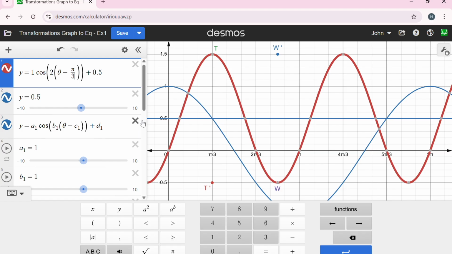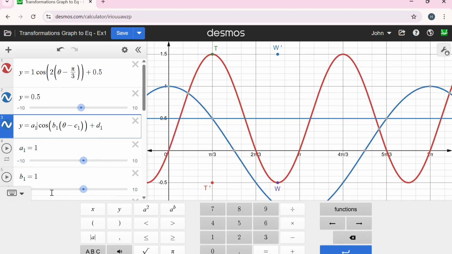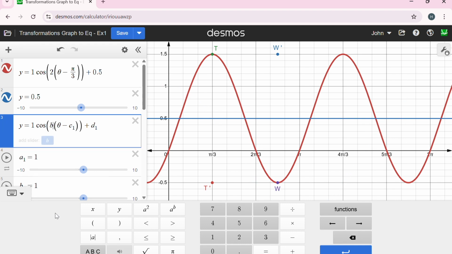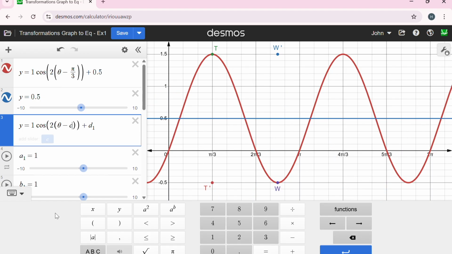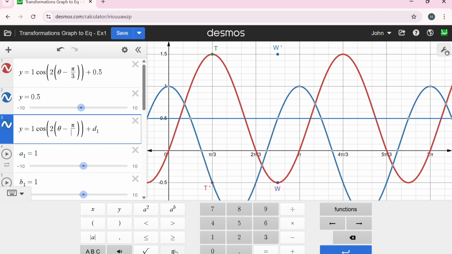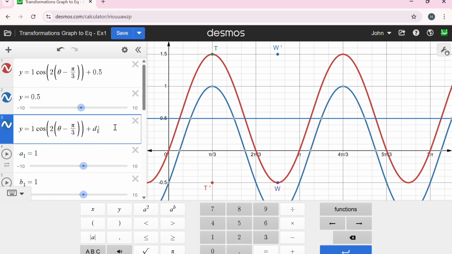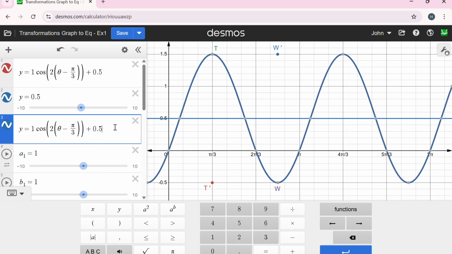So if I do this, let's say that's 1. I'm going to match all these. That's 2. That is pi divided by 3. And that is a d value of 0.5. Okay, so you can see that they match, right?